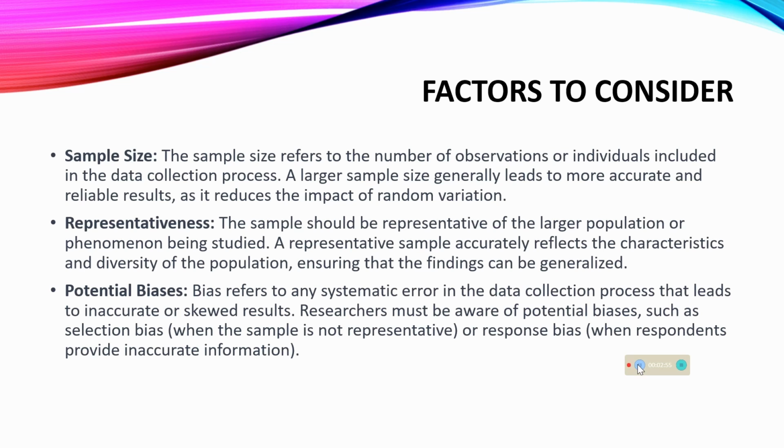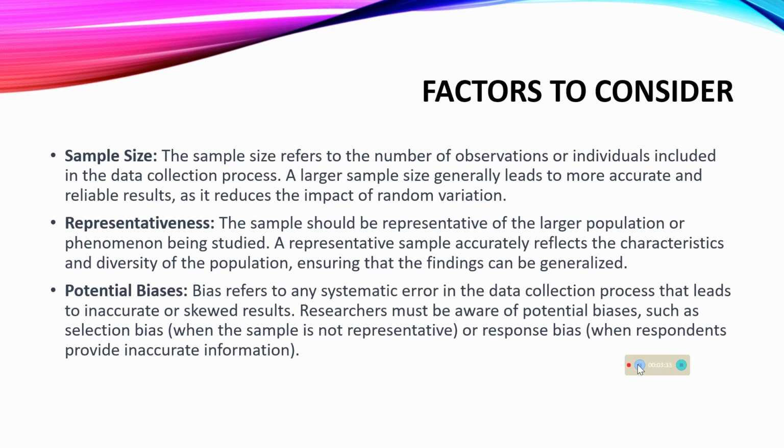The sample should be representative of the larger population or phenomenon being studied. A representative sample accurately reflects the characteristics and diversity of the population, ensuring that the findings can be generalized. For example, if you are collecting data to study the consumption behavior of households in your city, and your sample includes households only from the high income or low income groups, then your sample doesn't represent the entire population of your city, which is essential for an accurate study.